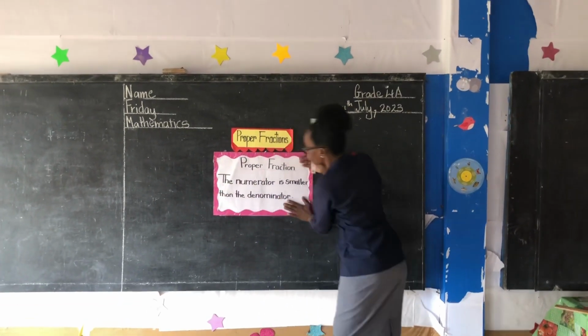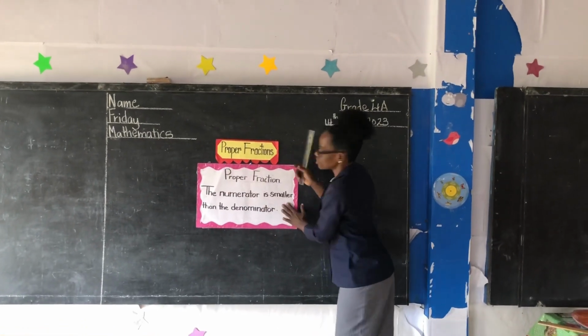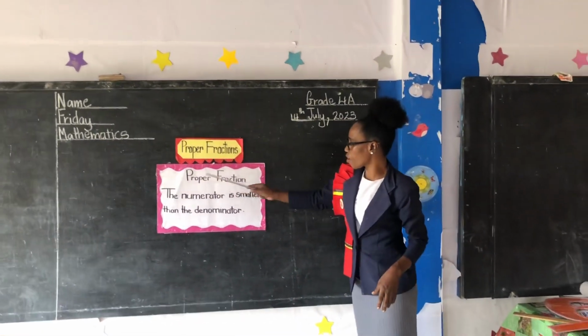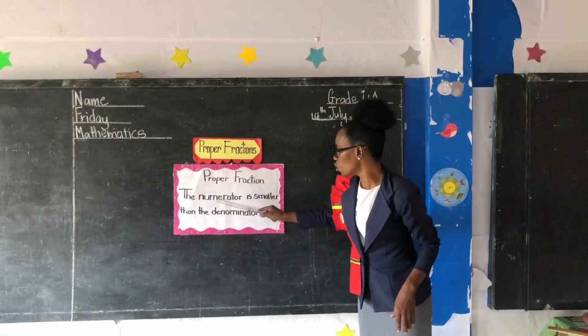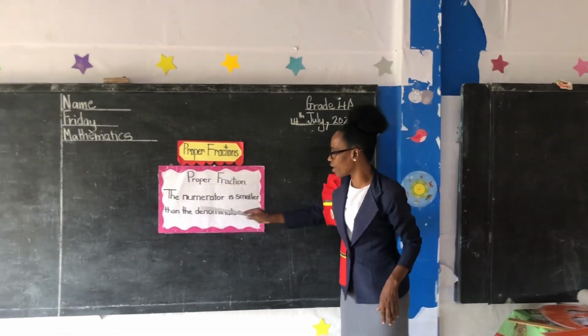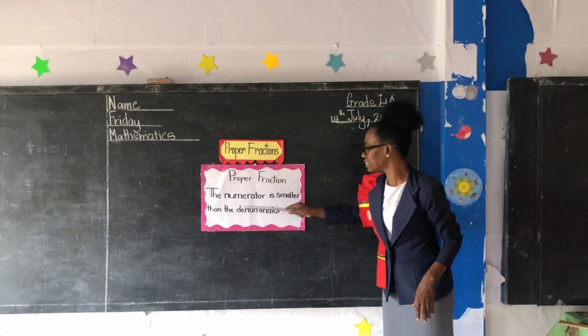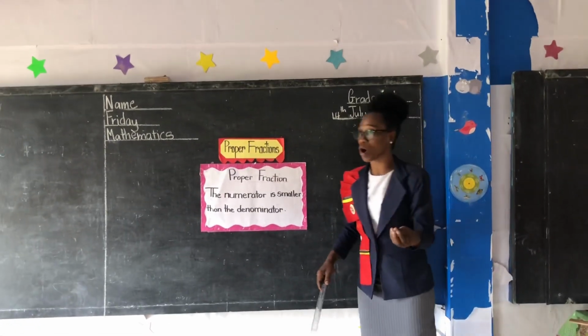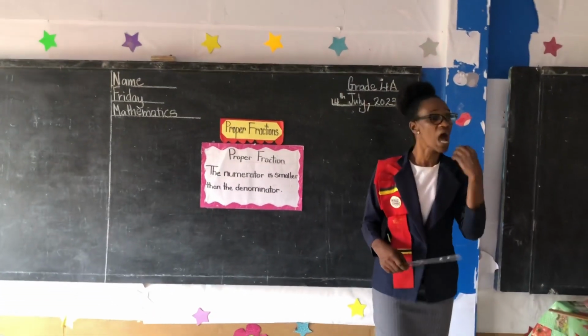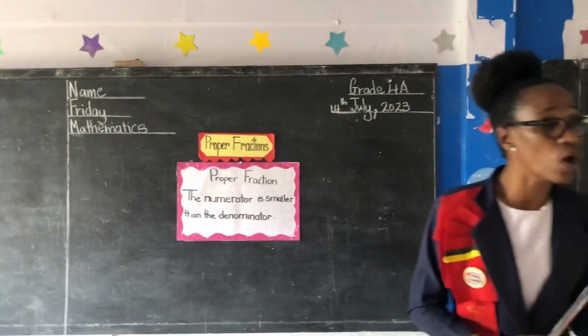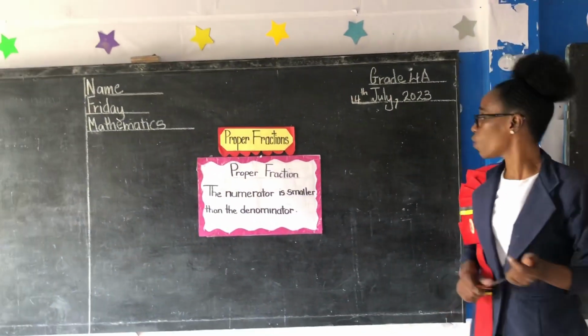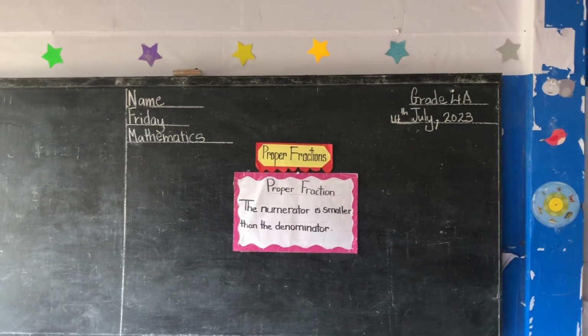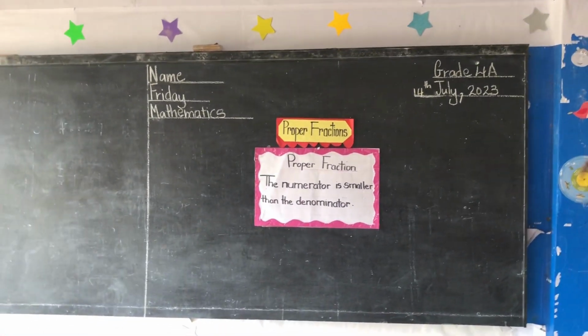Now, let's read this definition for a proper fraction together. Proper fraction. The numerator is smaller than the denominator. And remember, we would have done numerator and denominator. Who can tell me which one is the numerator? The numerator is the number at the top.